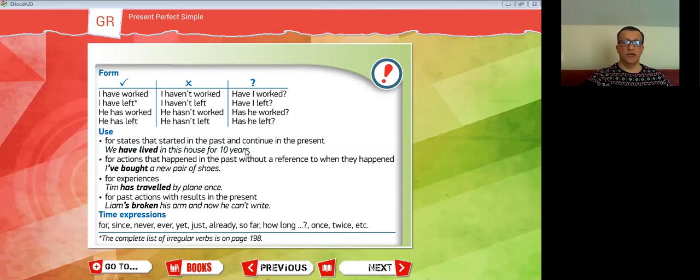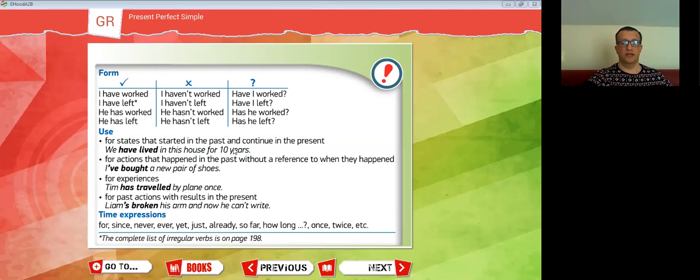In other words, sometimes we say that there is a present result. Present result means something seen, that the situation is still going on. For example, in this sentence, the person started to live in this house 10 years ago, and he is still living in this house.